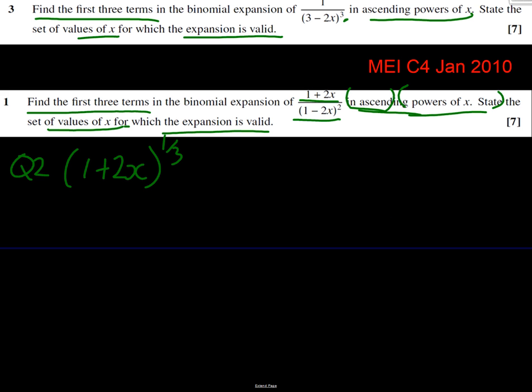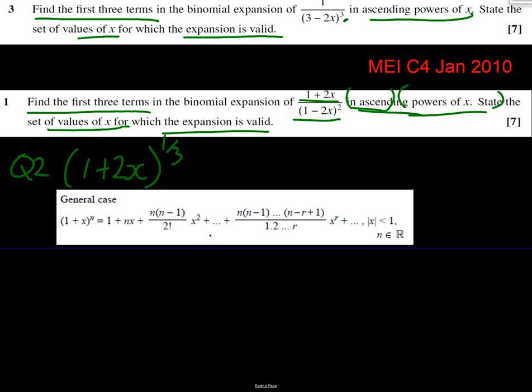Okay, so what do we need? First thing we need is a formula to use, and there's one of those in the MEI formula book. So here it is on page 2 of the formula book, and in order to use this formula we need to decide 2 things. Firstly, what's the x that's going in the bracket? And secondly, what's the value of n for the index?